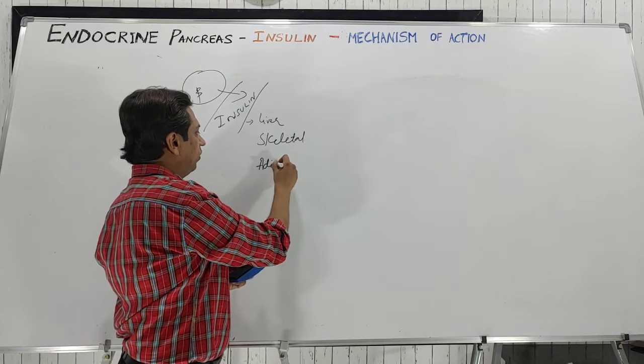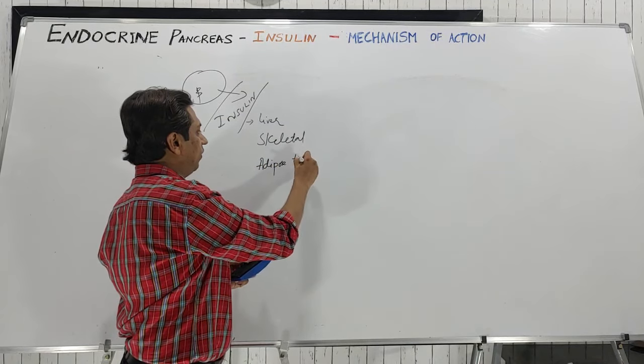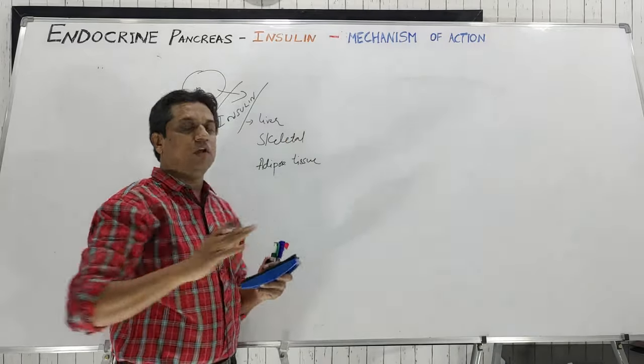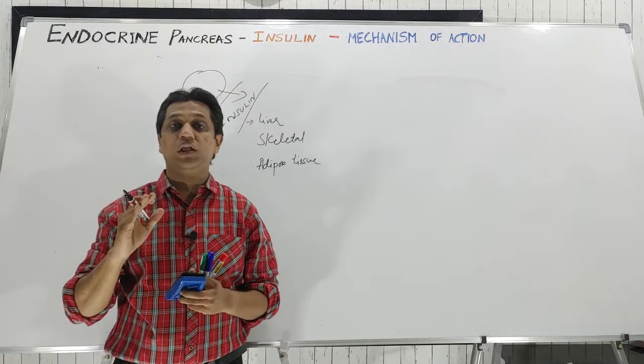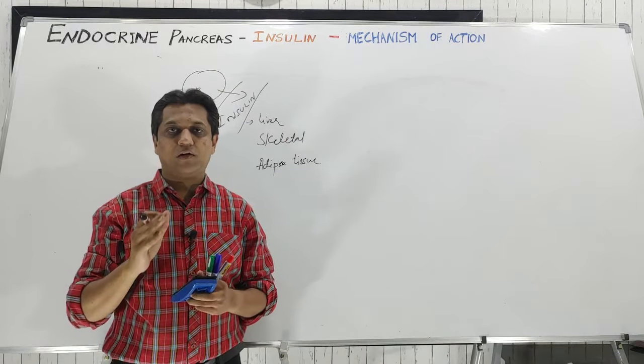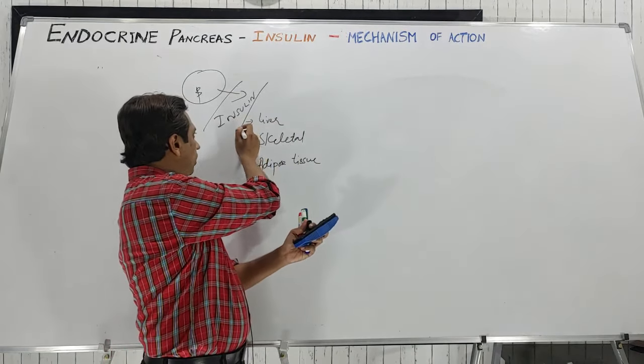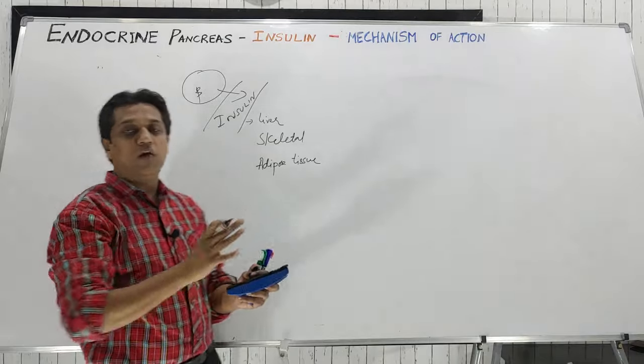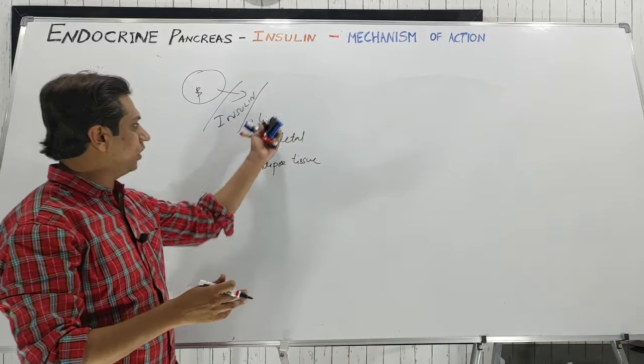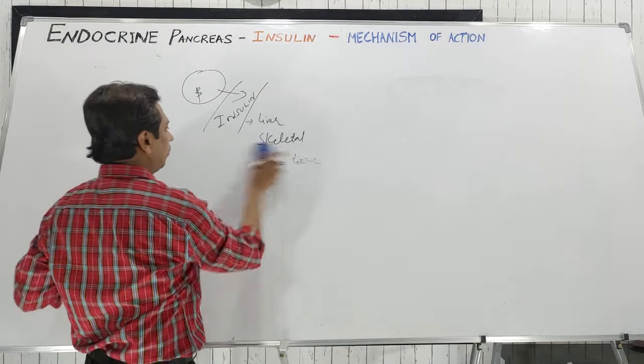So these are the target tissues on which the insulin hormone mainly acts. We are going to study today how exactly insulin, when it is released into the blood, acts on its target cells in the liver, skeletal muscle and adipose tissue.